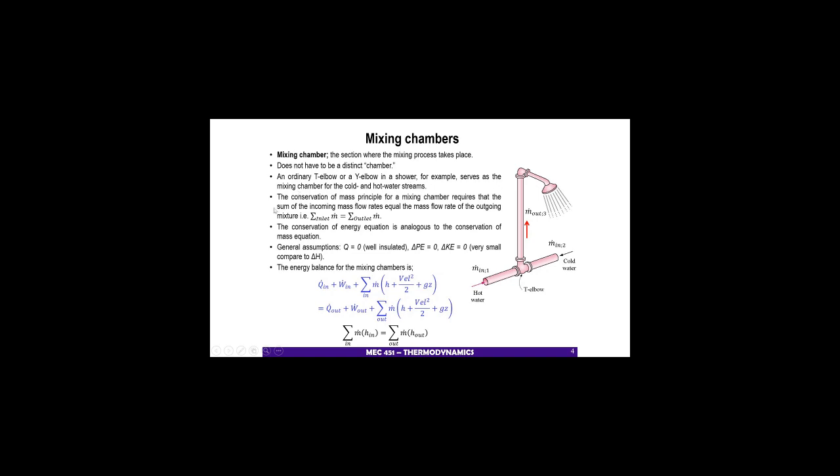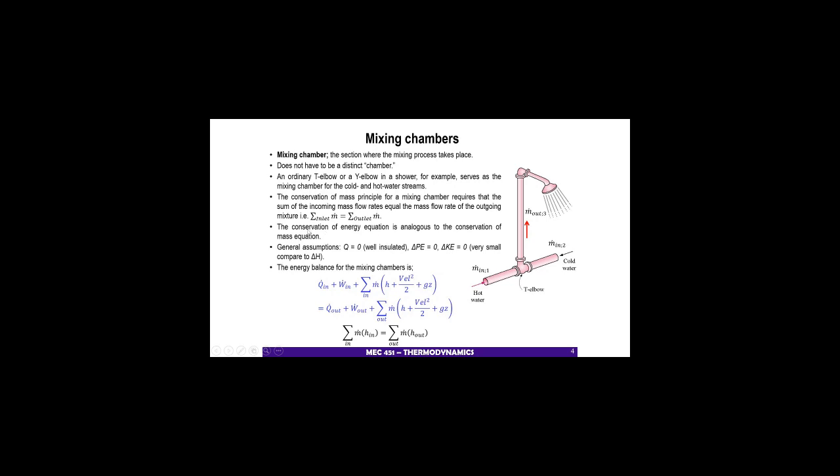The conservation of mass principle for a mixing chamber requires that the sum of incoming mass flow rates is equal to the mass flow rate of the outgoing stream.